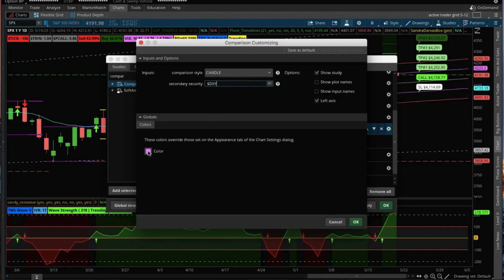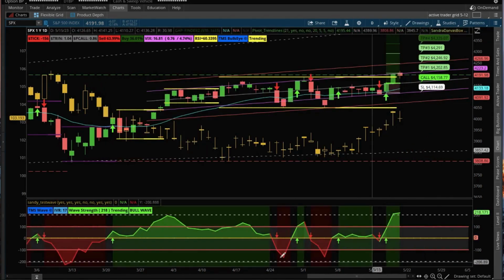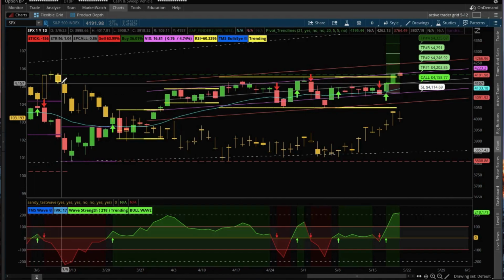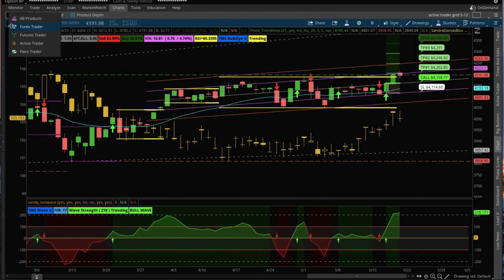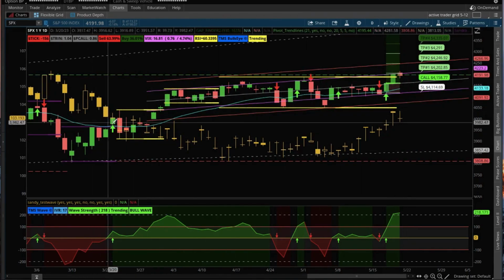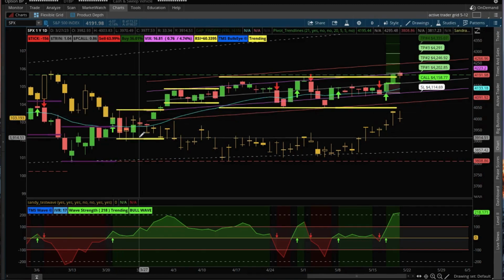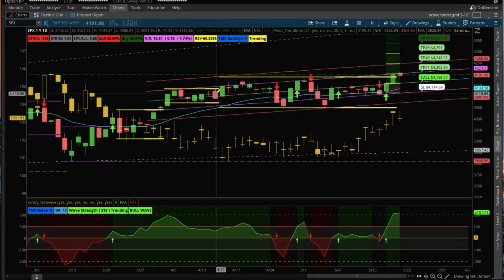Now I'm going to change this to something a little bit more dramatic, like yellow, since I have a black background. And now you can see basically what the dollar is doing comparably to what your SPX is doing. So as the dollar is going down and crosses against SPX, you can see SPX rises.